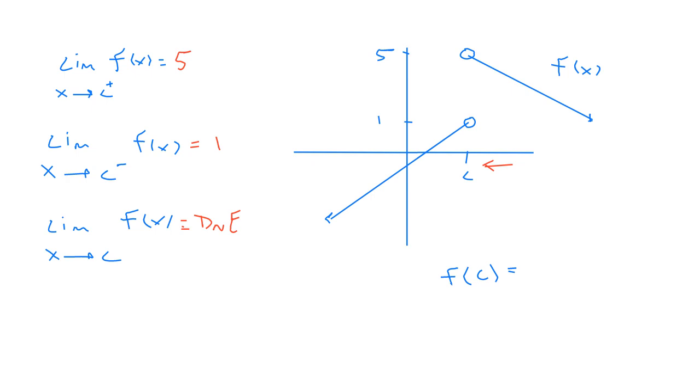So f of c would be, I mean, whatever the x value would be. Well, according to our picture, since this point was deliberately left open, and so is that one, and those are what is right above c on the x-axis, there is no y coordinate for x being c. Undefined? Undefined. That's right. So as it is, this is undefined.